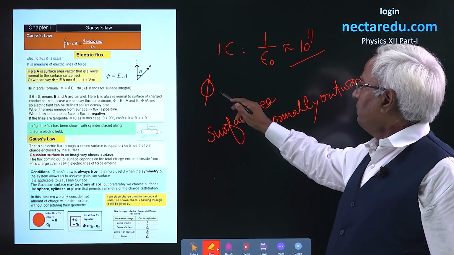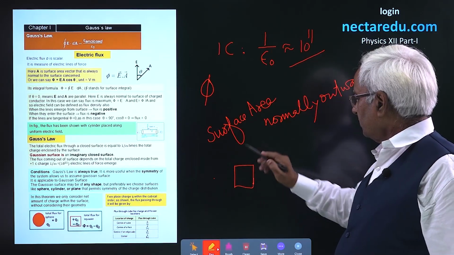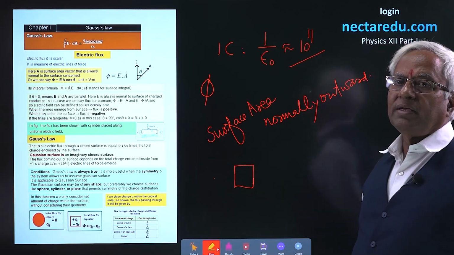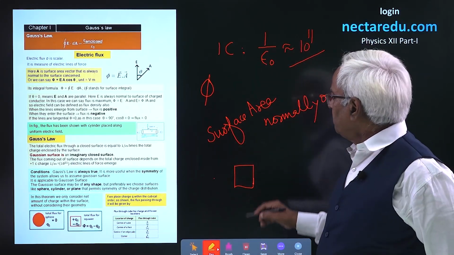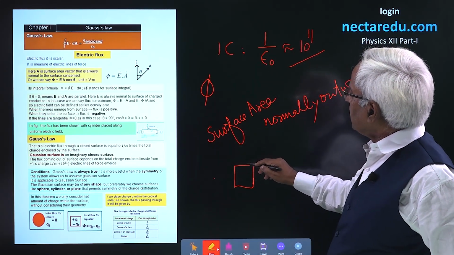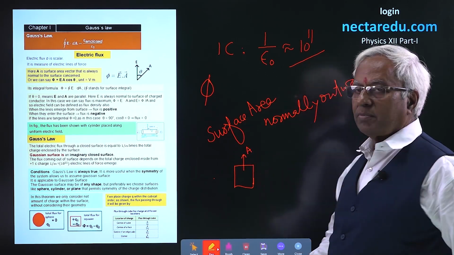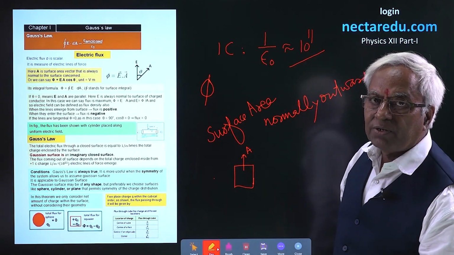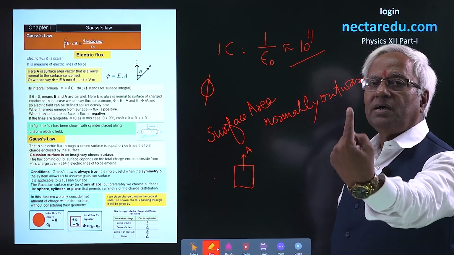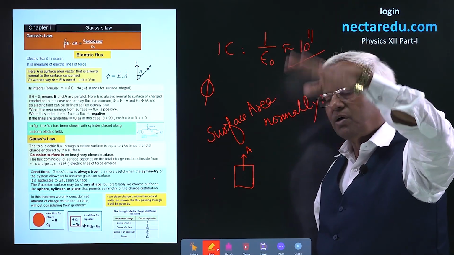Now, what will be electric flux? There is some surface, maybe it's a square type, rectangular type, and you consider one particular edge. Its area vector is going to be like this, normally outward. For this floor edge, surface area vector would be normally upward, vertically upward. For the ceiling, that would be vertically downward.